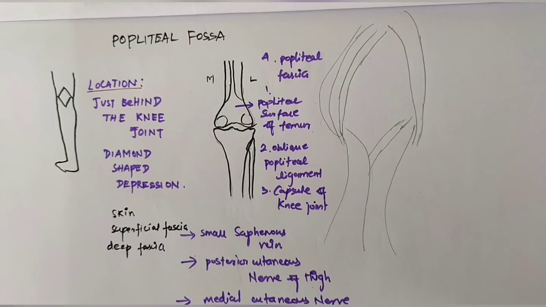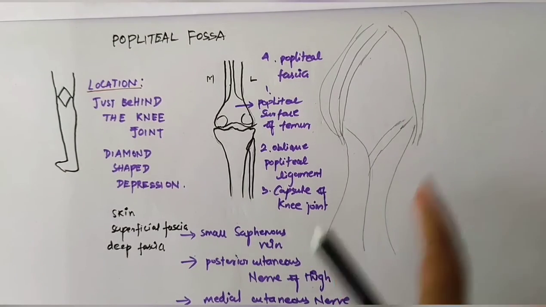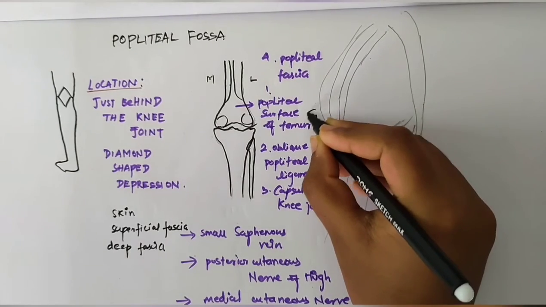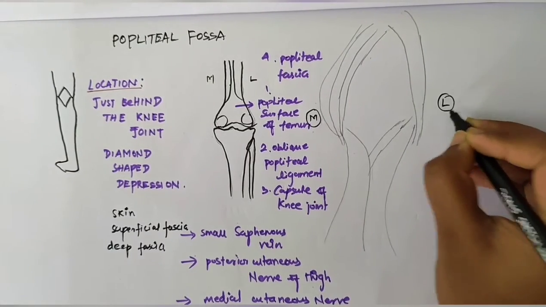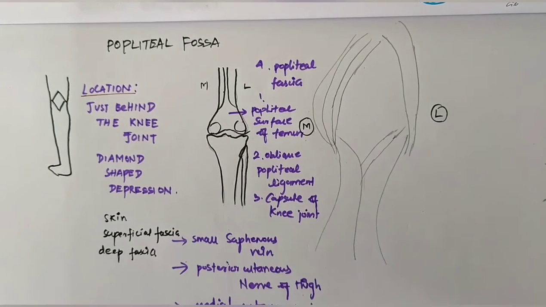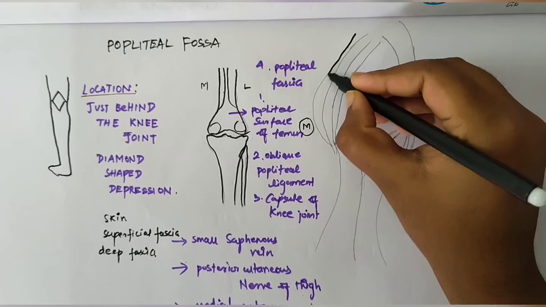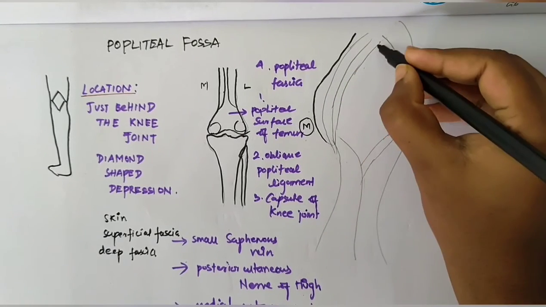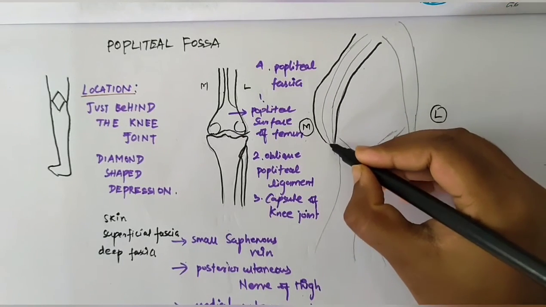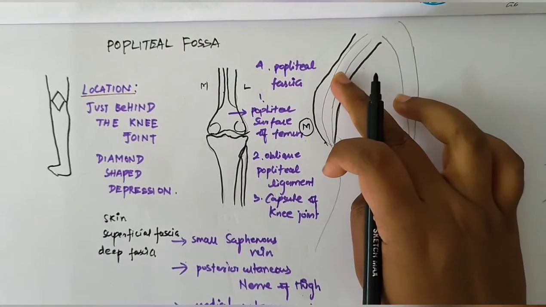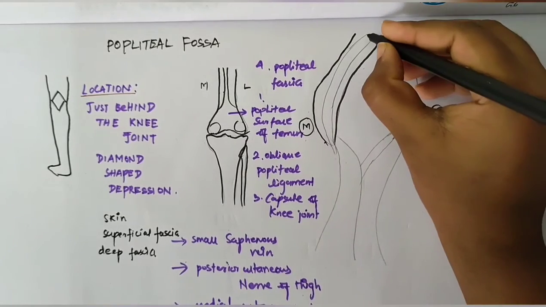Superior medial border, superior lateral border, and then inferior medial border, and then inferior lateral border. You consider this as medial side and this is lateral side. This is the semimembranosus muscle. Above the semimembranosus muscle, we have semitendinosus.